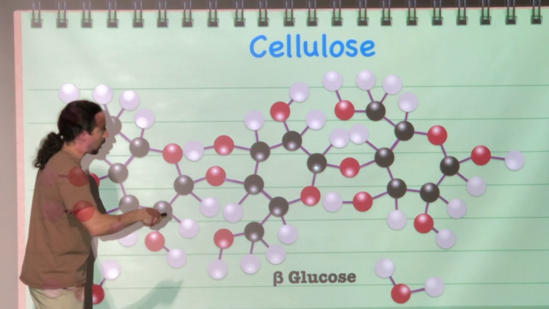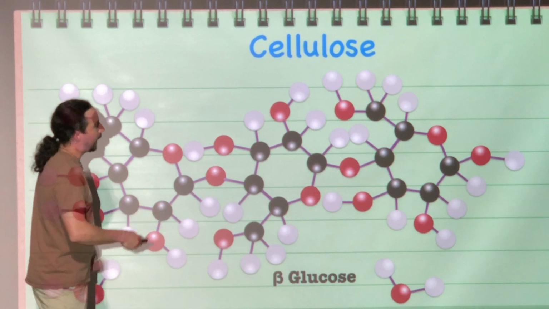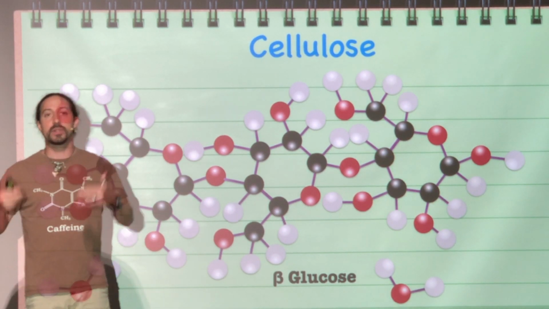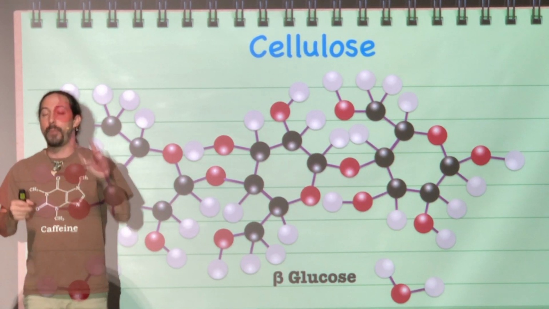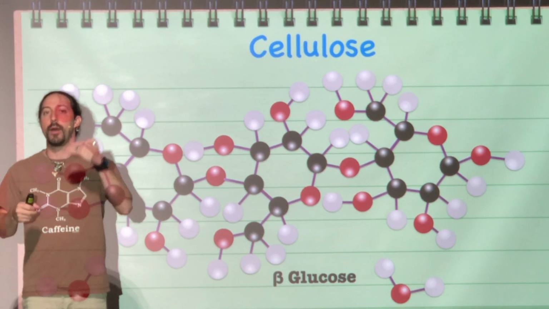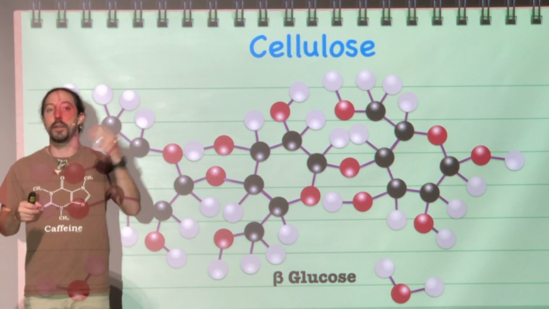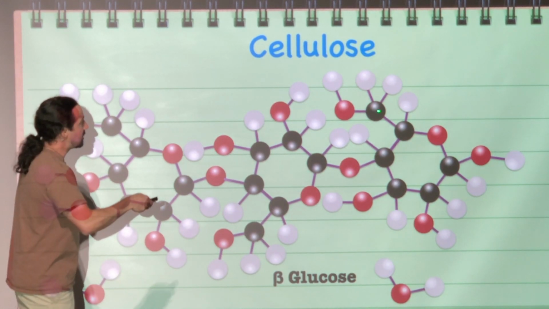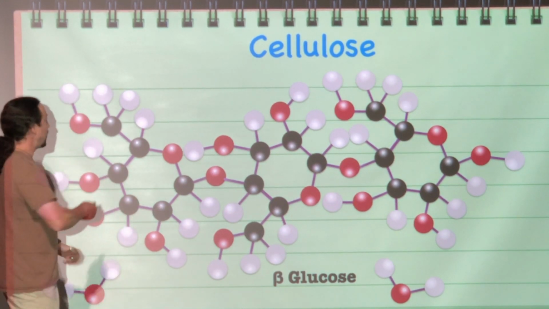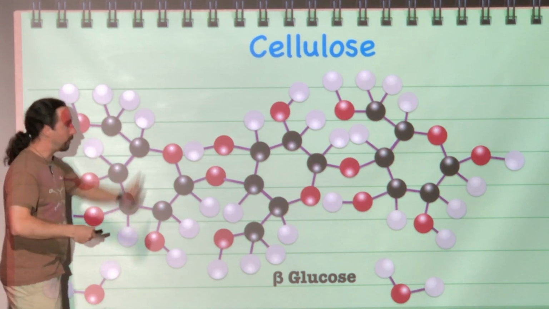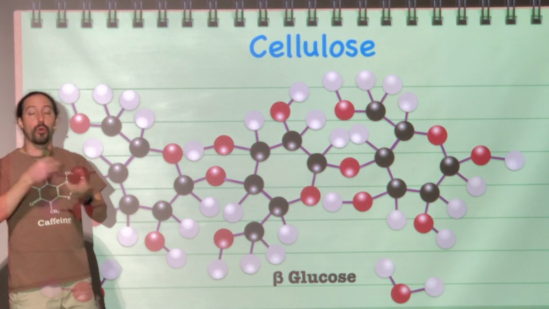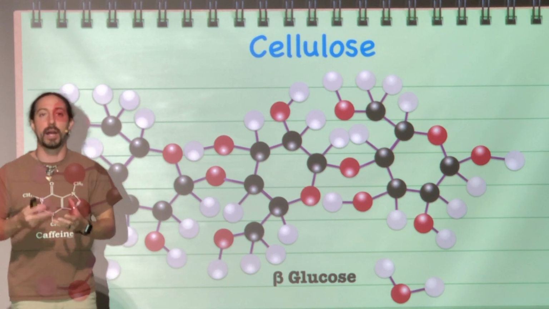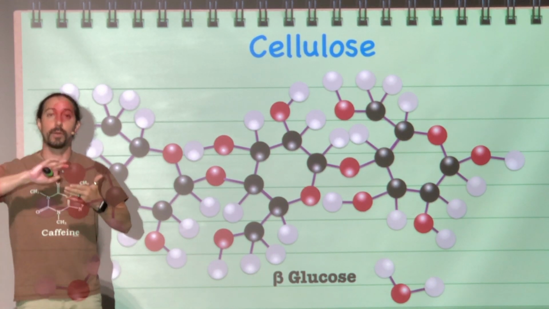Here is our 1 carbon, and then here is our 4 carbon. And so we are going to continuously have this chain, but it's beta 1,4 linkages, and we can see that the 6 carbon alternates facing up, facing down, facing up, facing down. So the orientation of our glucose molecule is going to constantly flip.